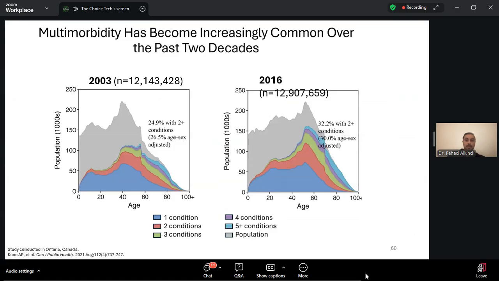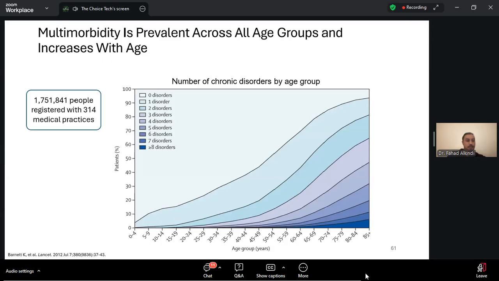And if you look over the last 13 years, the multi-morbidity has significantly increased. And this rise is not explained only by age, but of course there is definitely another reason for this rise of multi-morbidity. If you look at this slide, you can see that the prevalence is high not only in elderly, but it's actually across all age groups.